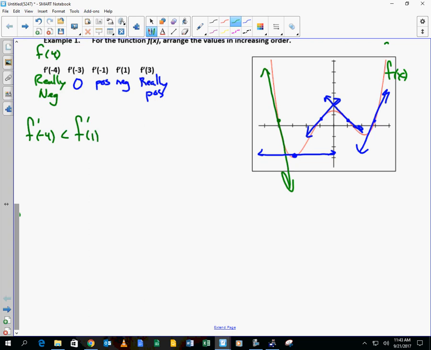Prime means the derivative at that spot, which is less than f prime of negative 3. Not f of prime, f prime. It's okay. You're smart. We all know it. F prime of negative 1 less than f prime of 3, right? We're all good?